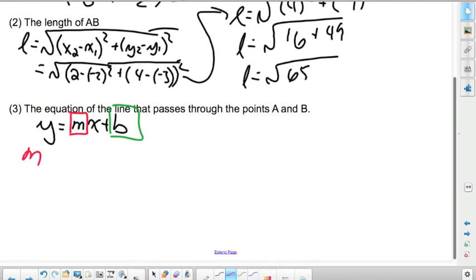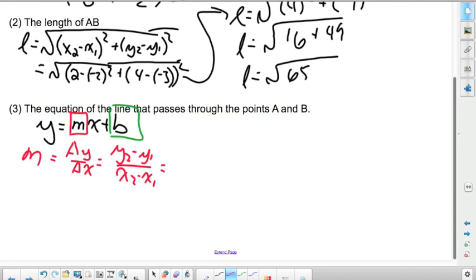Okay, so m is equal to delta y over delta x, which is y2 minus y1 over x2 minus x1. Does it matter which point I choose for point 1, point 2? No? So I'll choose this one as my point 2. So this will be x2, y2.